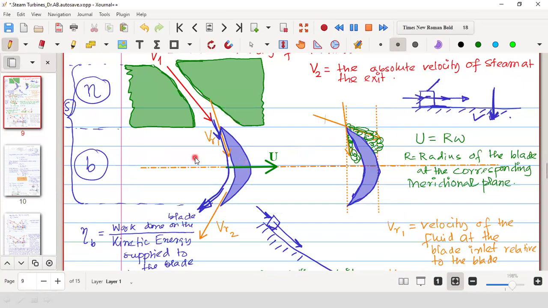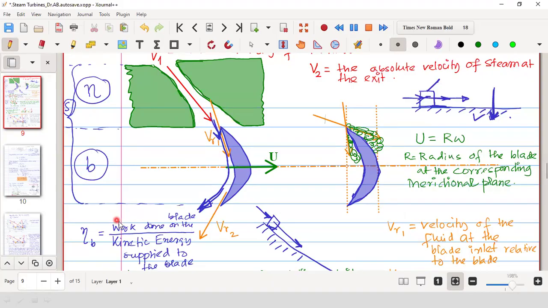The steam was moving initially and now it is pushing the blade, and as we know, work done means some force is applied and at the point of application of the force there is a displacement. So we can calculate the work done, and the rate of work done will be the power.